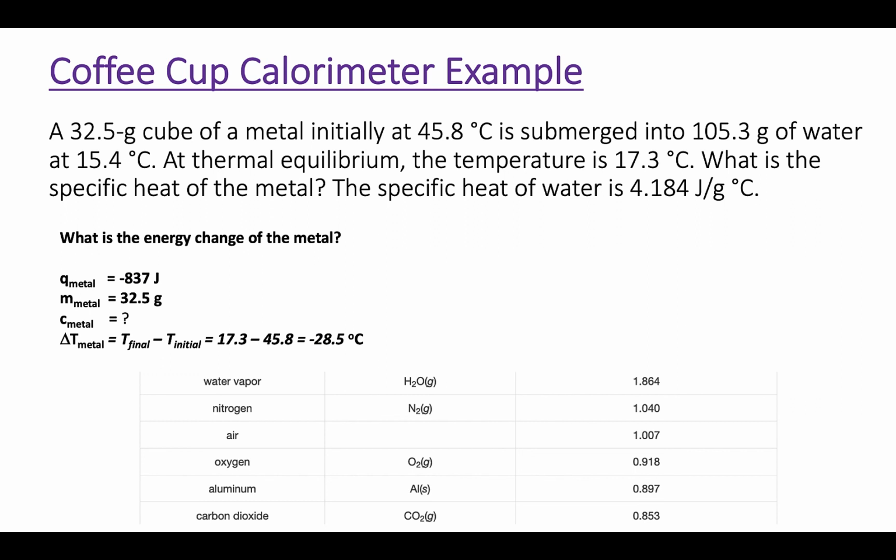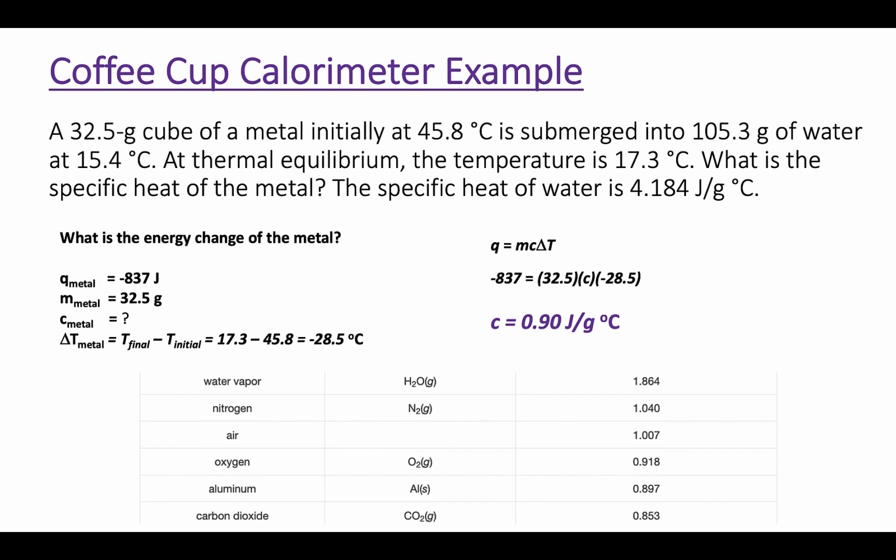Because the Q water was positive 837, and based on conservation of energy, we know that the Q metal is negative 837 joules. That energy flowed from the metal into the water. And so now that we have the change in temperature, we have the Q, we have m, we can do Q equals mc delta T. We can solve for the specific heat capacity of the metal, and we find out that it is 0.9 joules per gram degree Celsius.